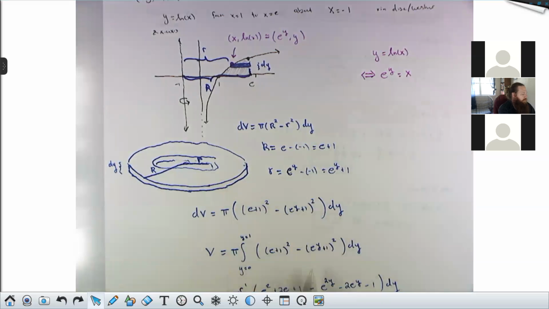So foiling both and distributing this minus. Again, most of the terms are constant. The ones cancel, so you have e squared plus 2e minus e^2y minus 2e^y dy.